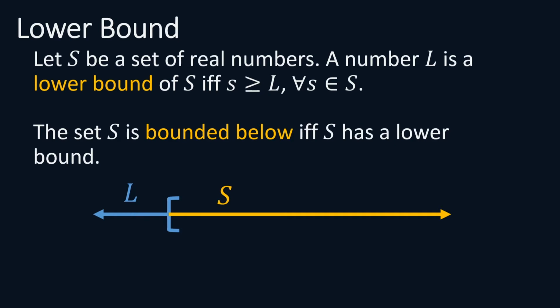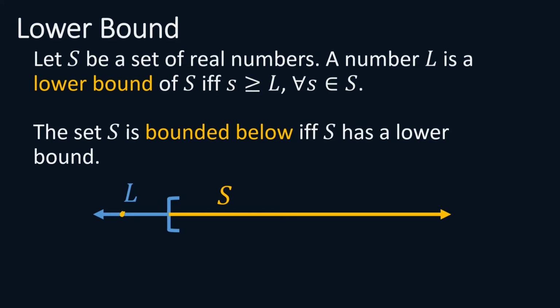Now, if you can find a lower bound for the set S, we say that the set S is bounded below. Here's the definition. The set S is bounded below if and only if S has a lower bound.